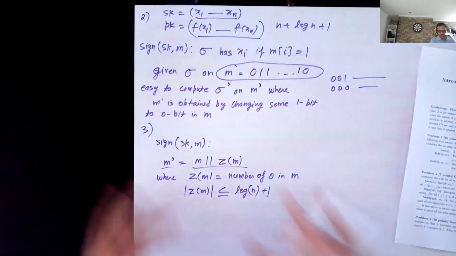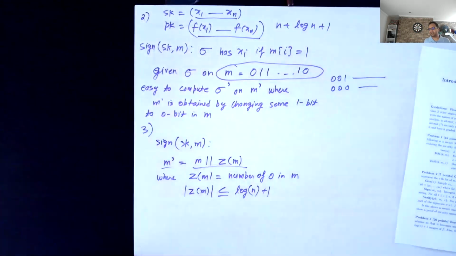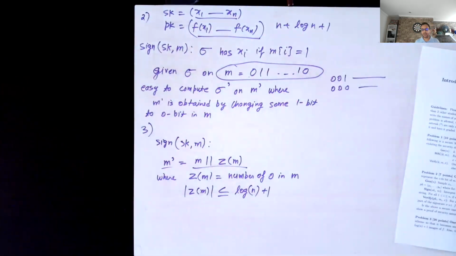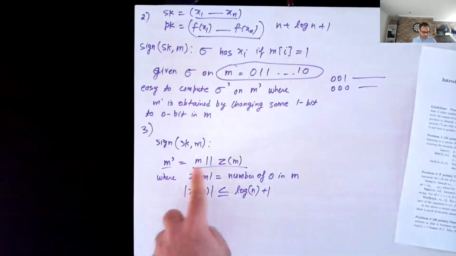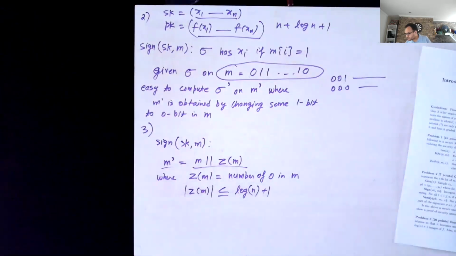And then I just use this previous scheme from question 2 to just sign this message. Okay, and even during verification, you have the message m, you can compute m prime, and you can verify the signature.